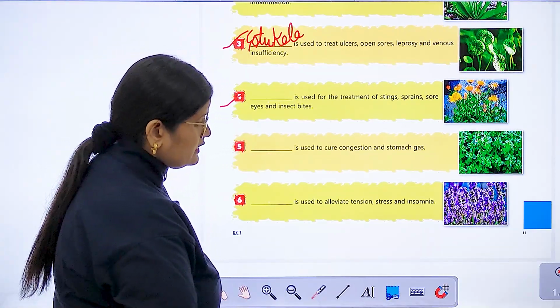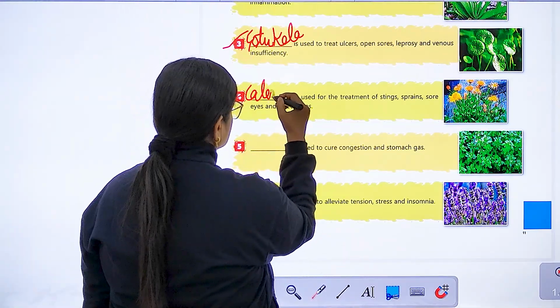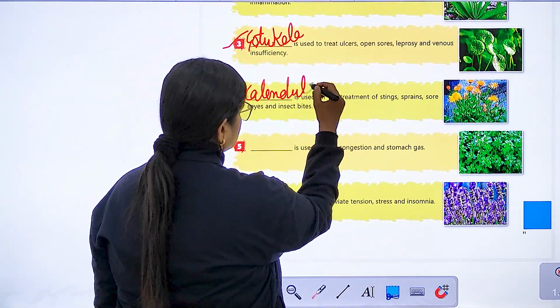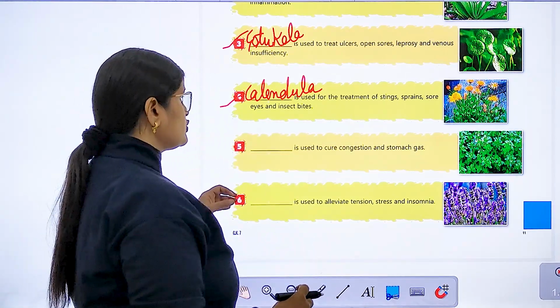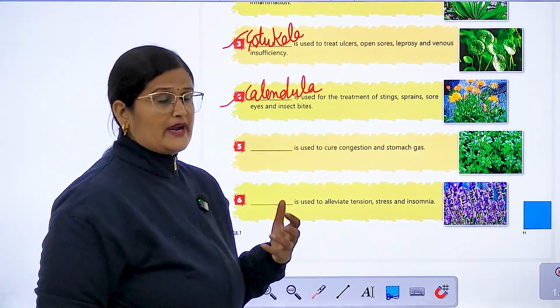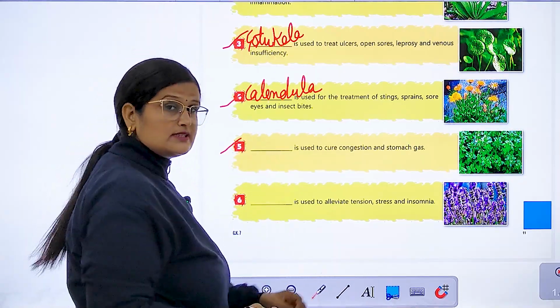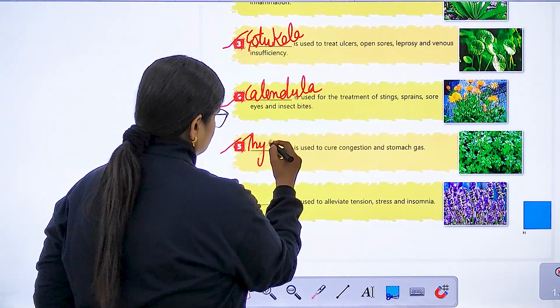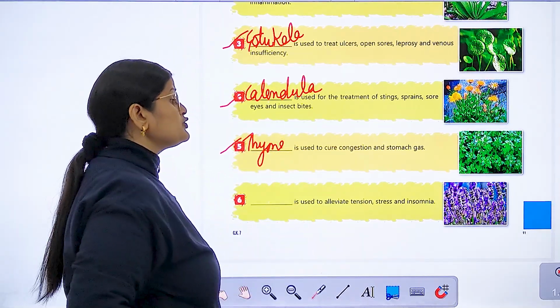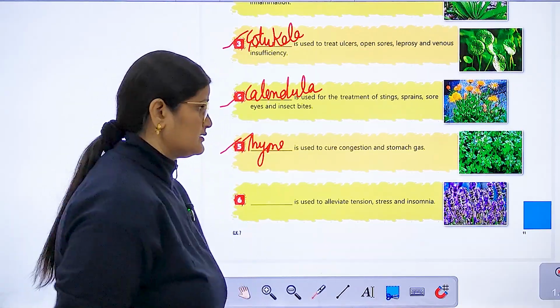This is calendula. Is used for the treatment of stings, sprains, sore eyes, and insect bites. Number 5, this is thyme. Is used to cure congestion and stomach gas.